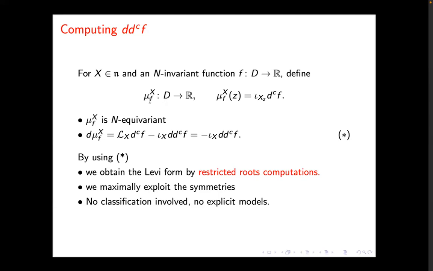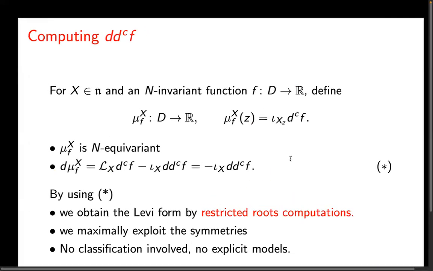So you have mu_X from D to R, and it is the contraction of d^c f with the vector field induced by X. This map is N-equivariant, and the differential of this function is, via this formula, minus the contraction with respect to X of dd^c f. So we try to use these relations to compute dd^c f.